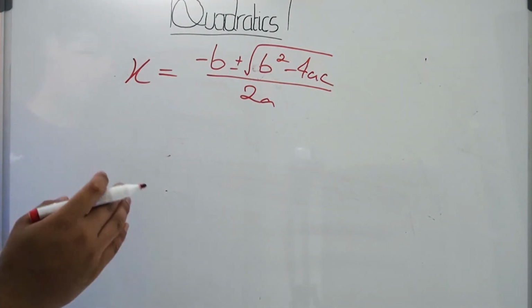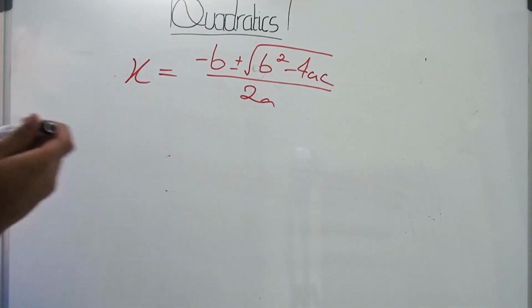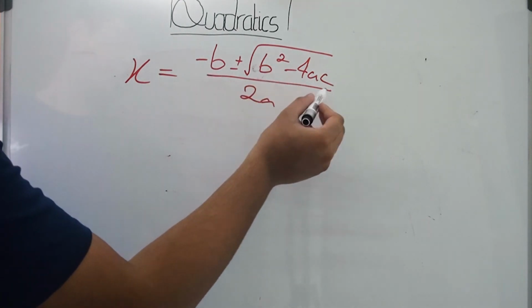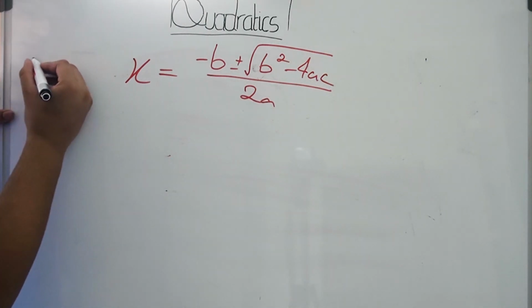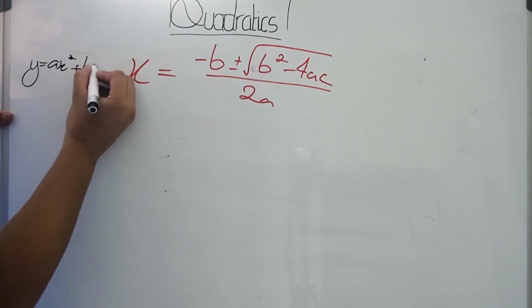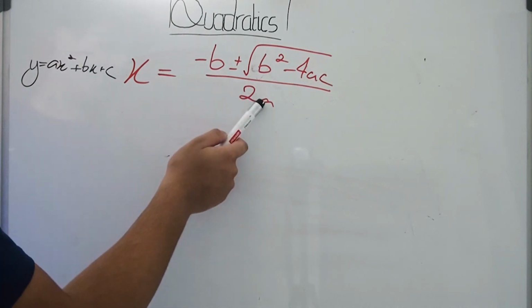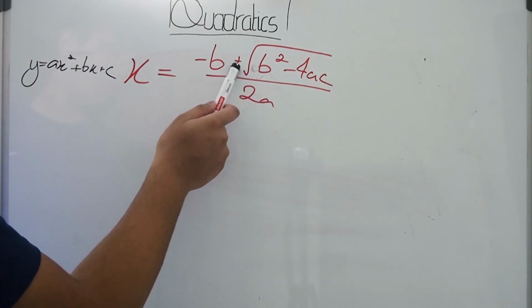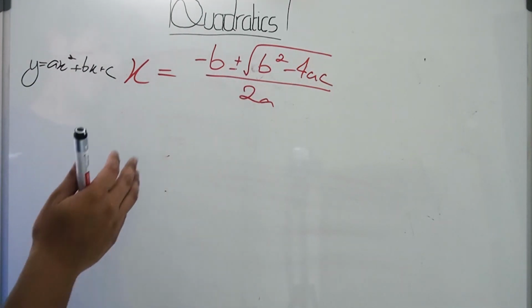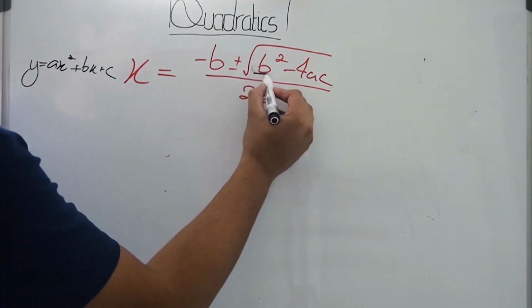Memorize this by heart. This is a really important formula. Now, just as before, the B, A and C are the same ones from the original equation, ax square plus bx plus c. These are the same values you will be using. When you input these values, you will get two different values from the under root because there's a plus minus, and that way you will get two roots. These roots can be imaginary, they can be real, they can be the same roots. And this is, if you noticed, the determinant.